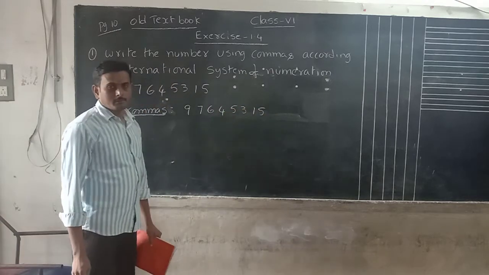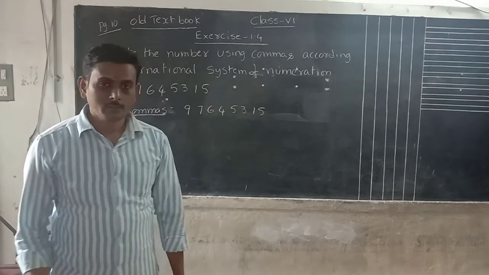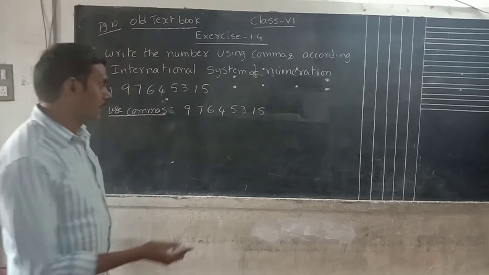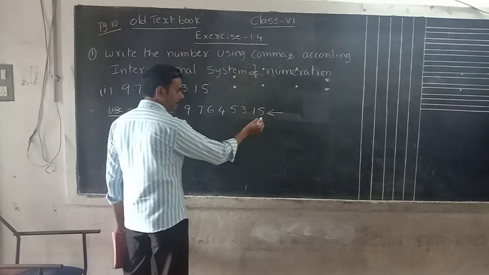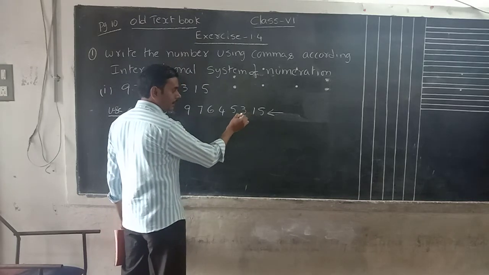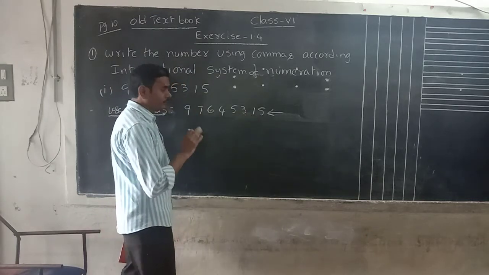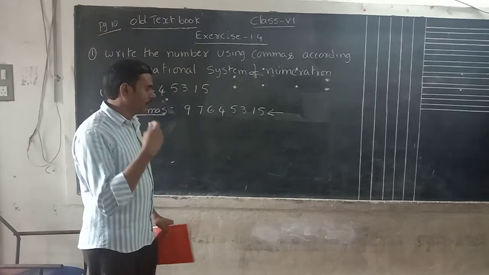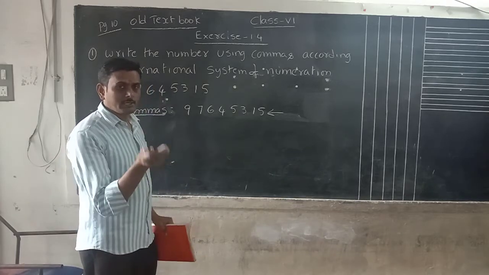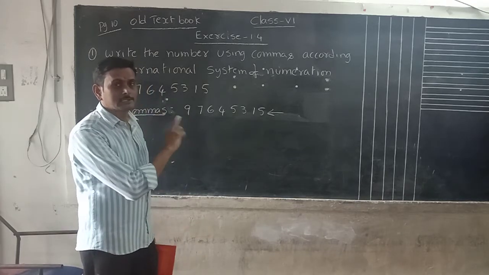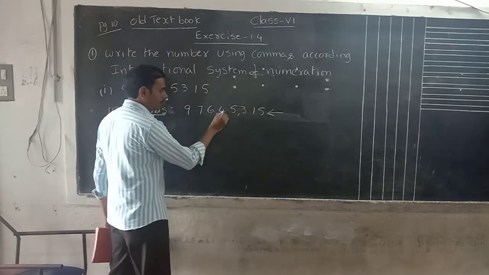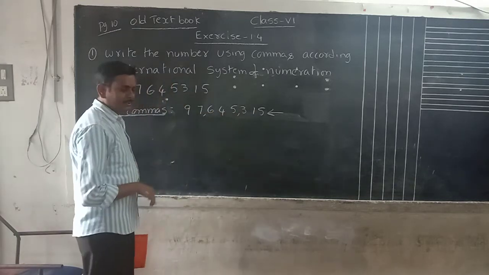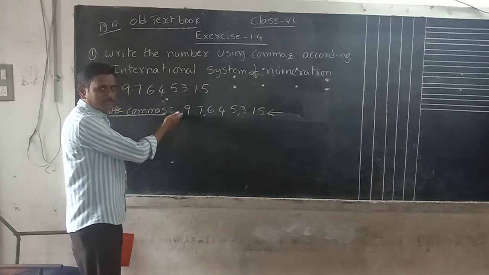In the international system, while placing the commas, we start from the right side. Count the numbers: 1 2 3, every 3 digits we get a comma in the international system. 1 2 3 comma, 1 2 3 comma. Complete. We have 2 digits left at the end.